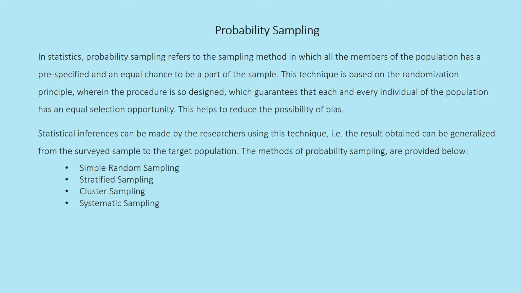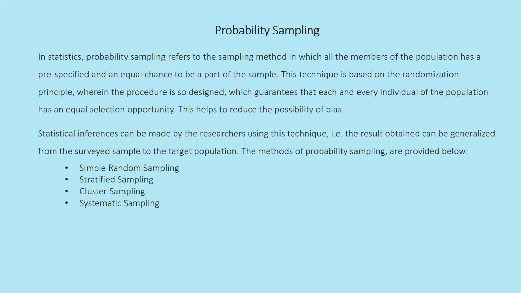Looking a little closer at probability sampling, we have to understand that it is a sampling method in which all the members of a population have a pre-specified and equal chance to be part of it. This technique is based on randomization principles, and the procedures are designed so that we can guarantee that each and every individual of the population has an equal selection opportunity.